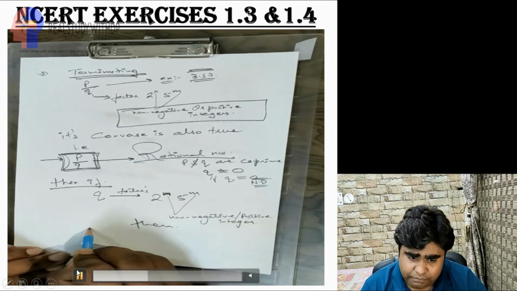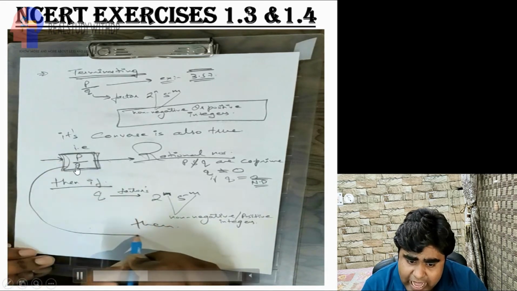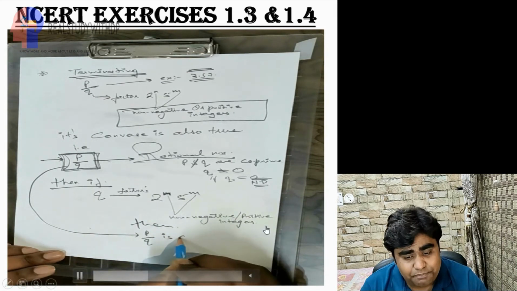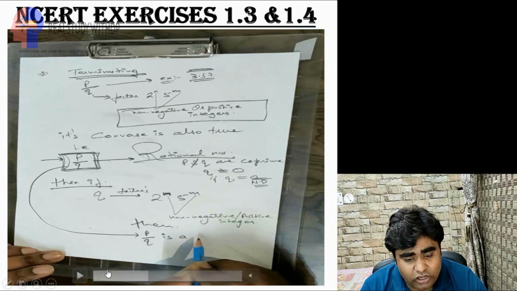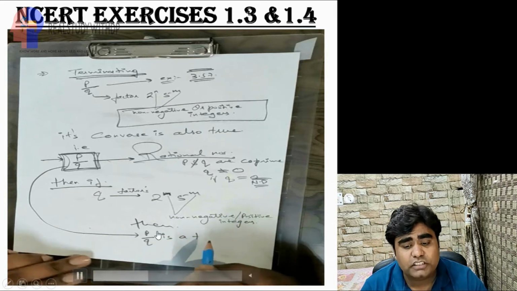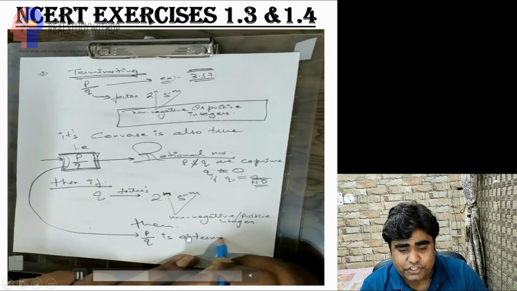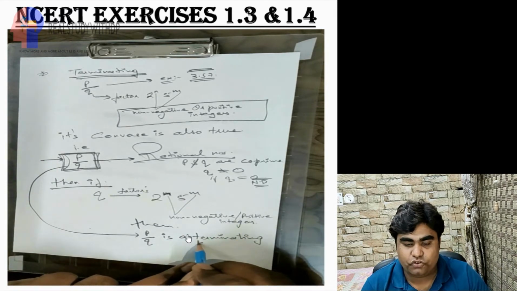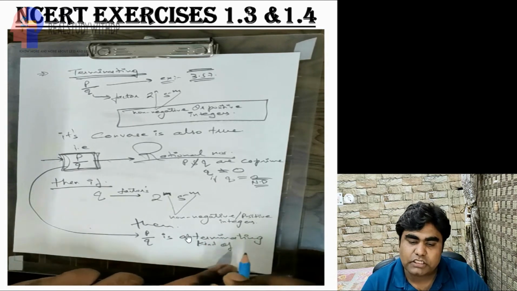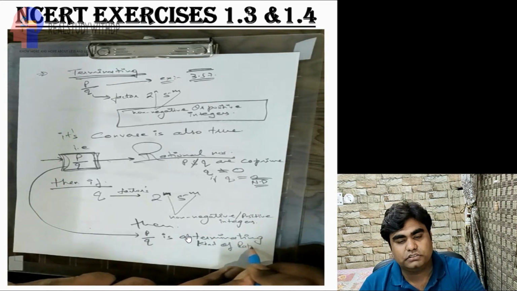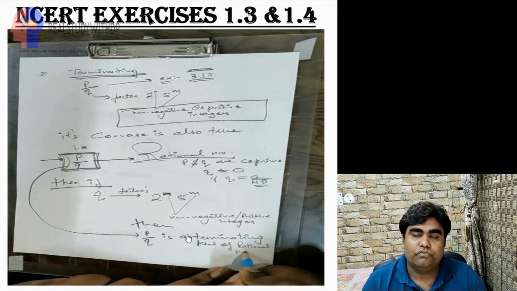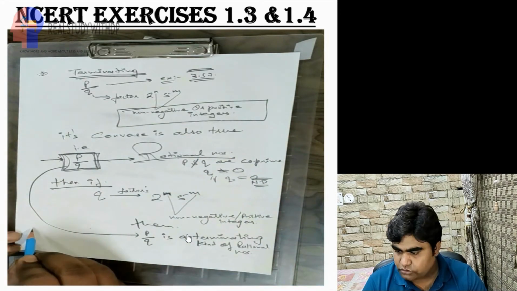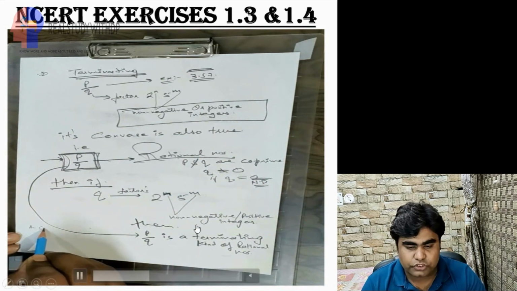Then, if q has the factors of only 2 and 5, the p by q form of the rational number will become a terminating decimal. If you apply that in the calculator, you will get numbers of the terminating decimal kind. All right, so the converse is also true.